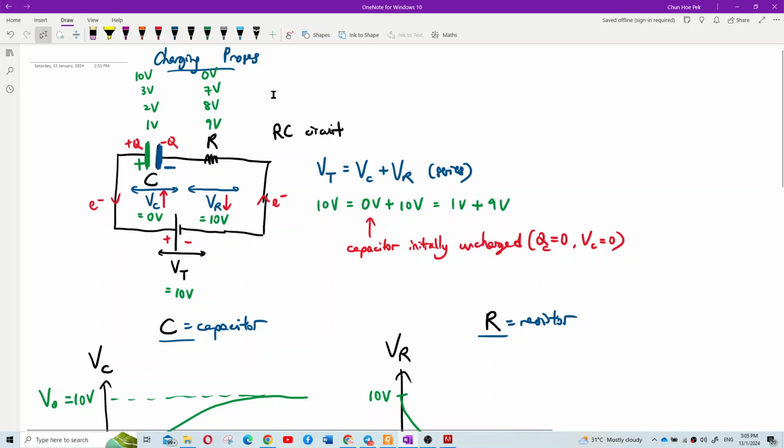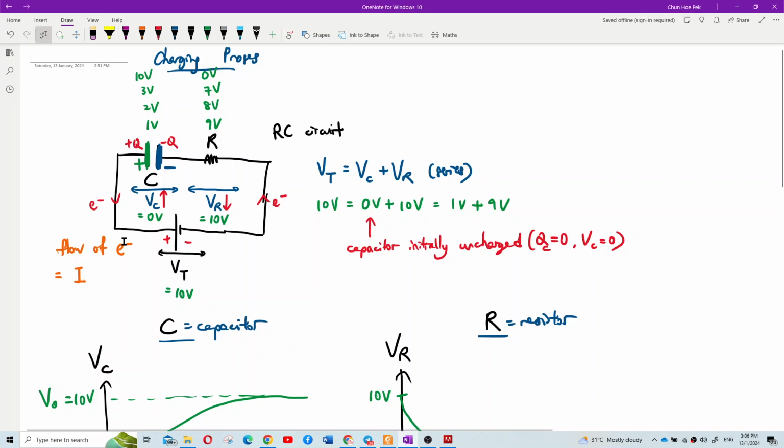When charging the capacitor, that means in the circuit there is a flow of electrons. So the flow of electrons is actually the current. Correct or not, class? Yes, there is current in the circuit.